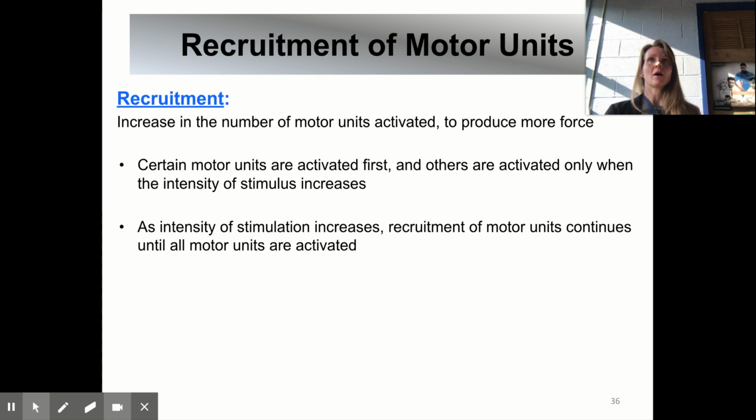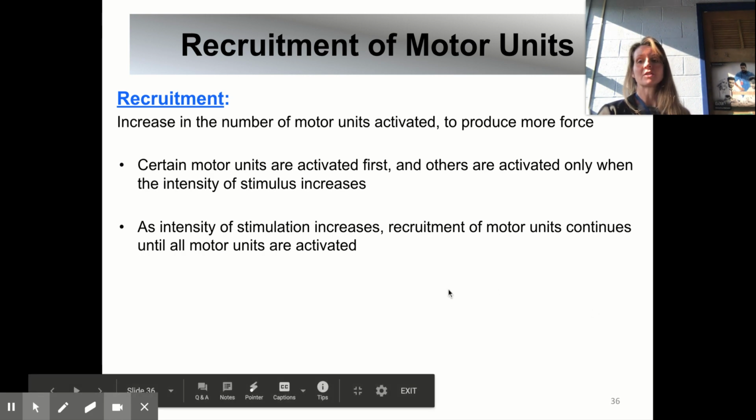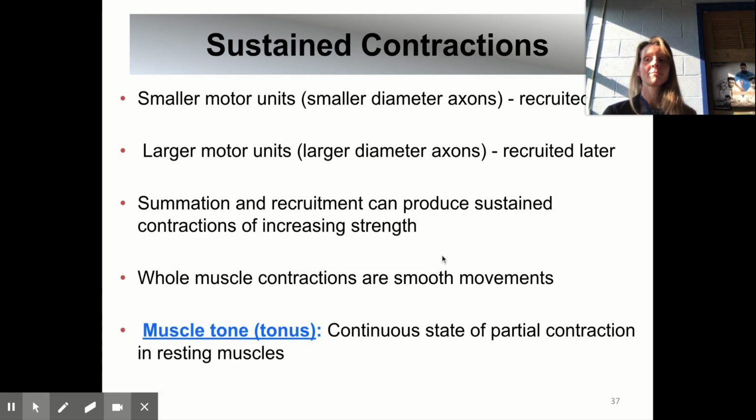Your initial response to something isn't to activate all of the muscles. It's once more force is required from the nervous system. As the intensity of stimulation increases, recruitment of more motor units continues until all of the motor units are activated, depending on how much force you need from a muscle.